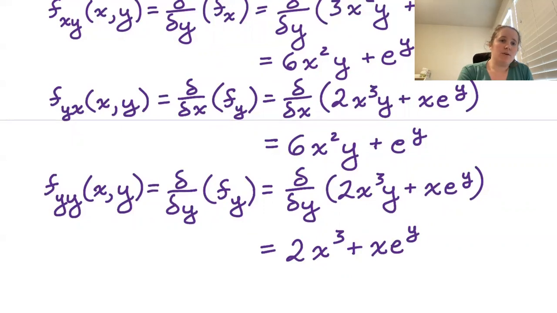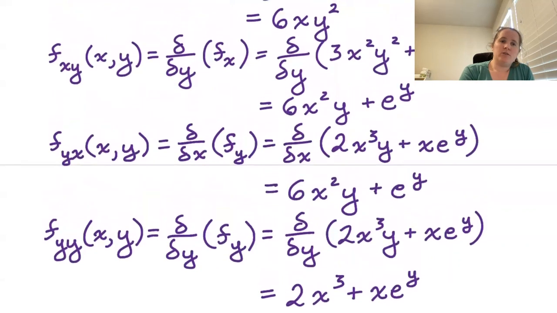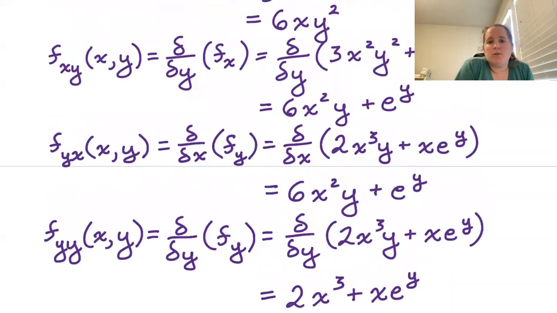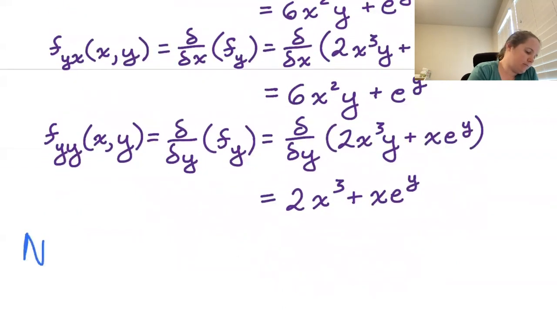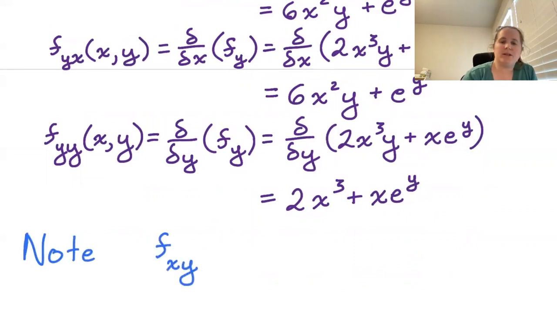So just something to note here, the mixed partial xy and the mixed partial yx gave us the same result. So note the mixed partial where we did the partial with respect to x followed by the partial with respect to y, and the mixed partial where we did the partial derivative with respect to y first, and then with respect to x were the same.